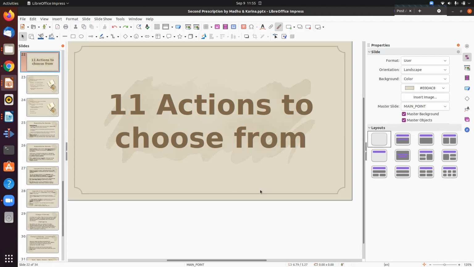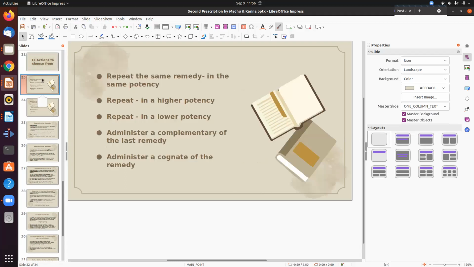Shall I continue? These are the situations when we decide when to repeat the remedy in the same potency, when to give the remedy in the higher or lower potency, and when to administer a complementary remedy or a cognate remedy.